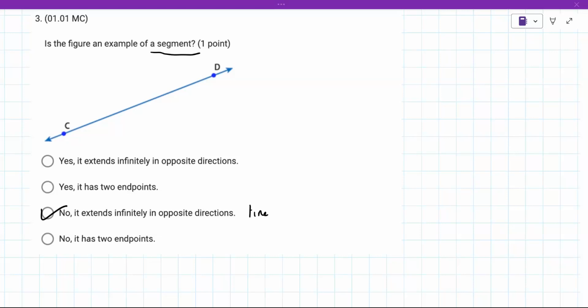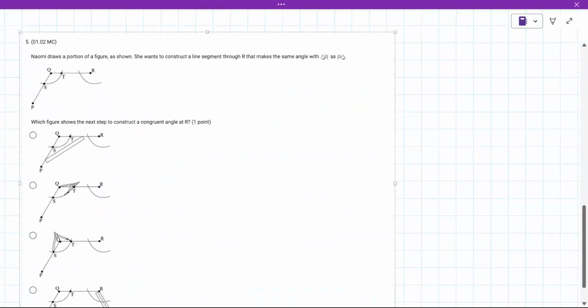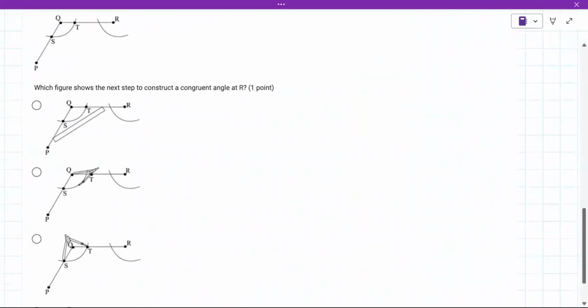Take a look at that. Oh boy, okay, a lot here. So this is constructions. That was one of our earliest lessons here. Let me make this a little bigger so we can see it.